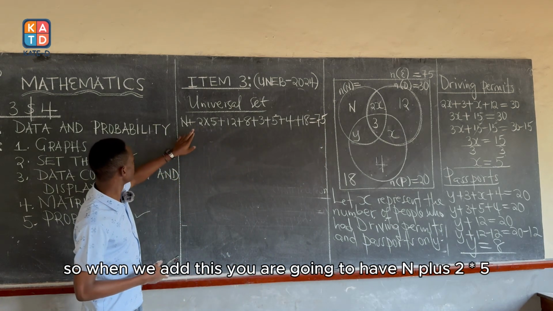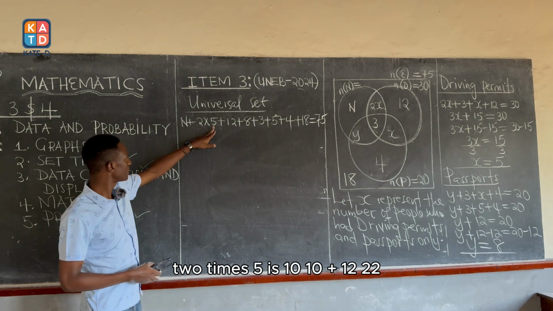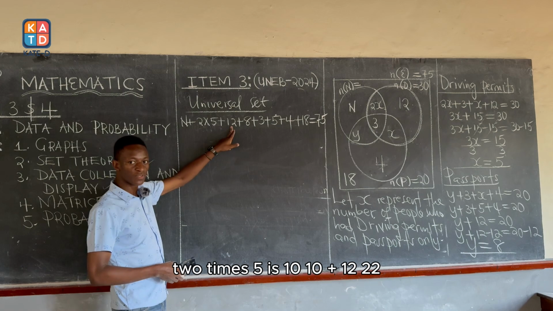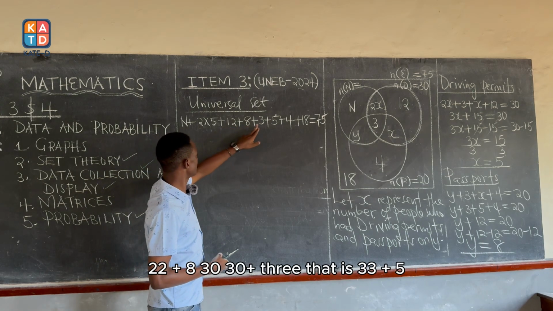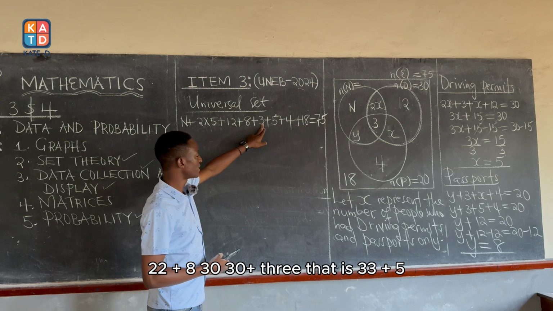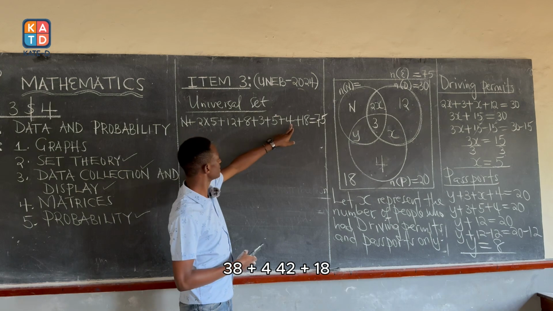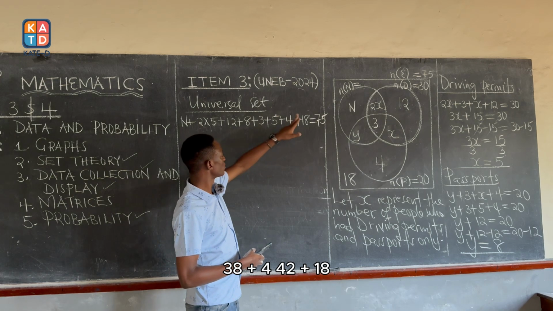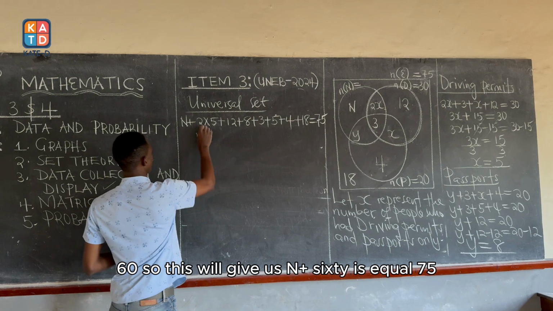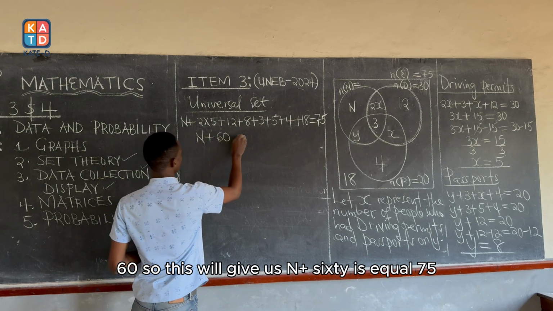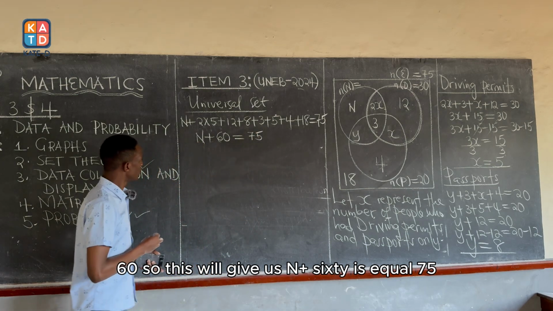So when we add this, we are going to have n plus 2 times 5. 2 times 5 is 10. 10 plus 12, 22. 22 plus 8, 30. 30 plus 3, that is 33, plus 5, 38, plus 4, 42, plus 18, 60. So this will give us n plus 60 is equal to 75.